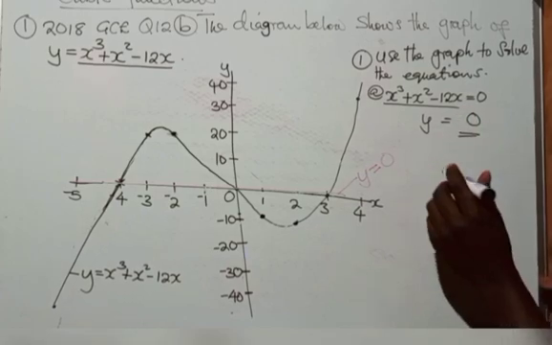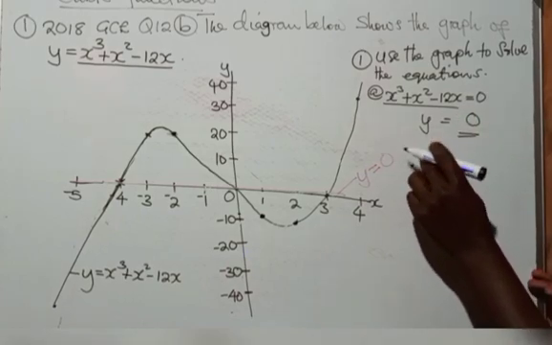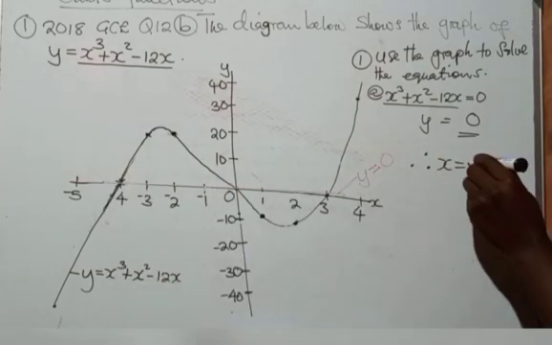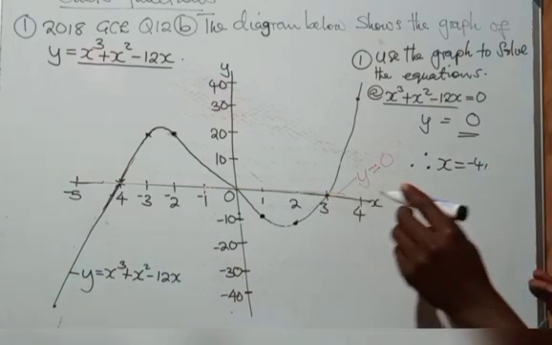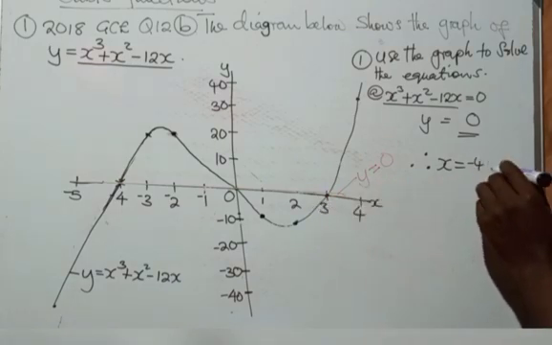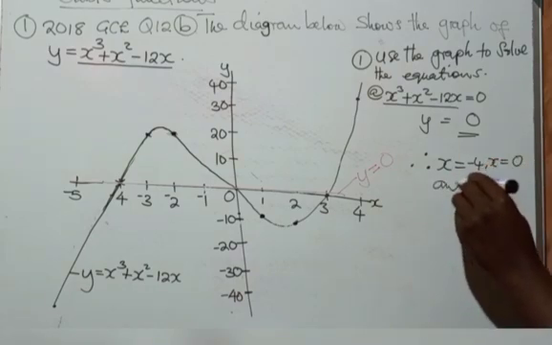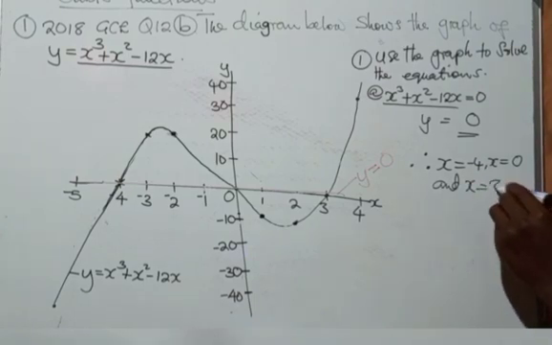So we are going to say, therefore, our values of x are: the first one there is -4, comma, we have another one, x is 0, and x is equal to 3.